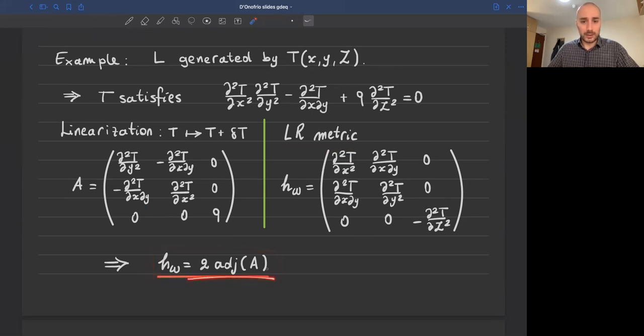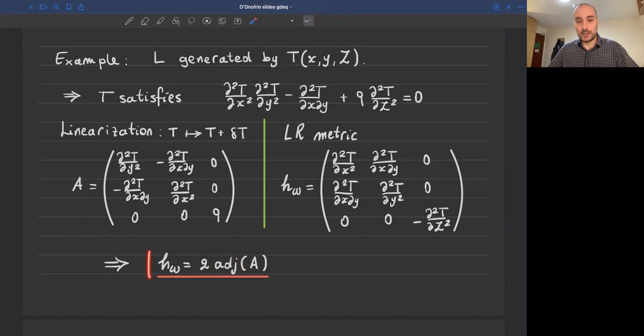Now, this formula tells us everything, because if, for example, A has signature 3,0 or 0,3, then we call the problem elliptic whenever this occurs. And thanks to this relation, here adj represents the adjugate matrix, the cofactor matrix.